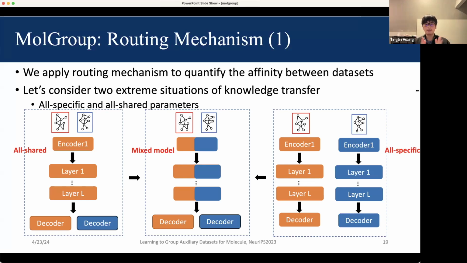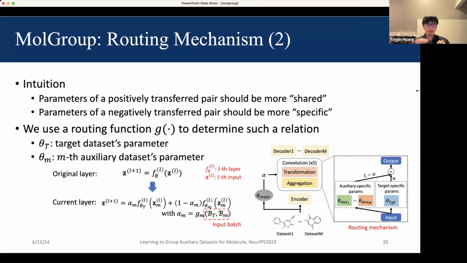In the middle, there is a mixed model situation, which means that each dataset has its specific and shared parameters. Intuitively, for a positively transferring pair, we hope the parameters could be more shared, and for a negatively transferring pair, we hope the model can be more specific.